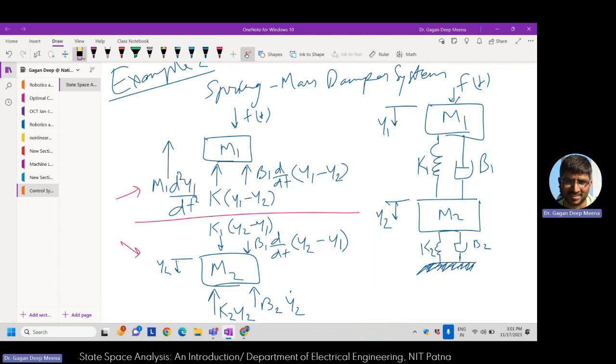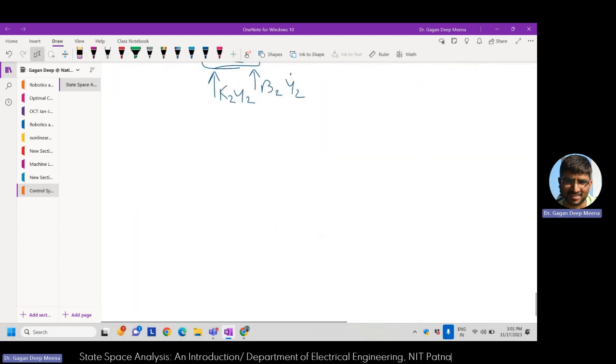So let me skip ahead and write the differential equations. The first differential equation, from the first free body diagram, is the summation of all the forces going in and the reaction forces. The force applied was the input, and there are three reaction forces.